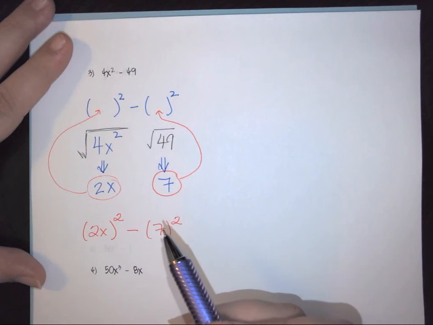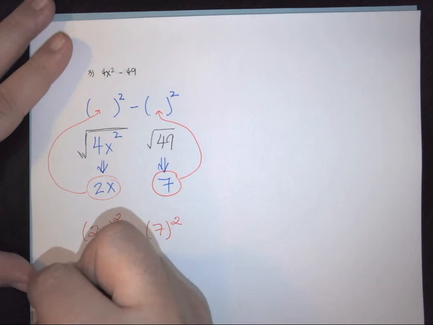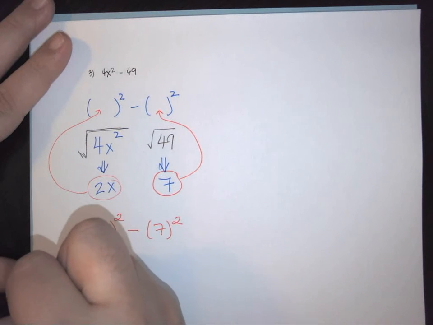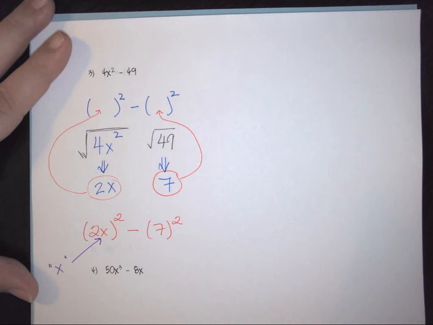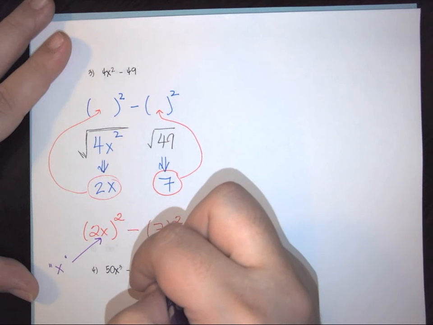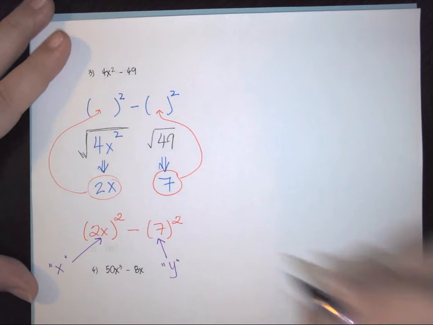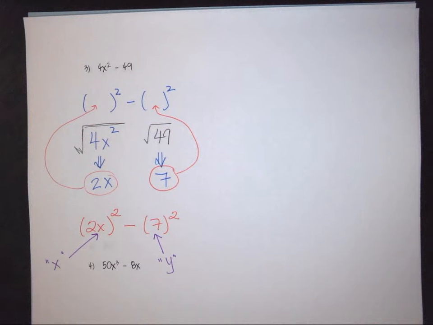When you look at them, this first part is going to be my x, and the second part is going to be my y. Taking that into consideration, all we have to do is plug it into the formula.